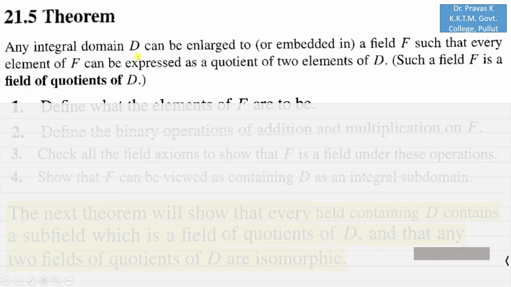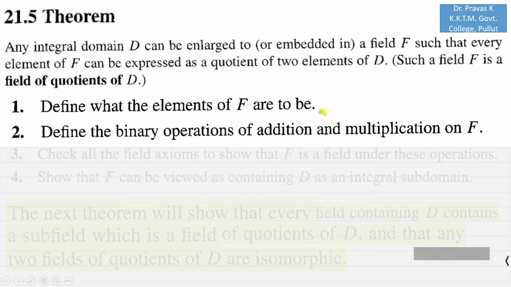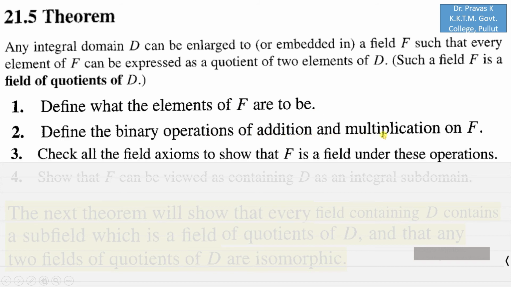So far we have proved that any integral domain capital D can be embedded in a field such that every element of capital F can be expressed as a quotient of two elements of capital D. And such a field capital F is the field of quotients of capital D. And for that we defined using equivalence classes the elements of capital F, and we defined the binary operations and we proved that they are well defined, and we proved that capital F is a field under those operations.